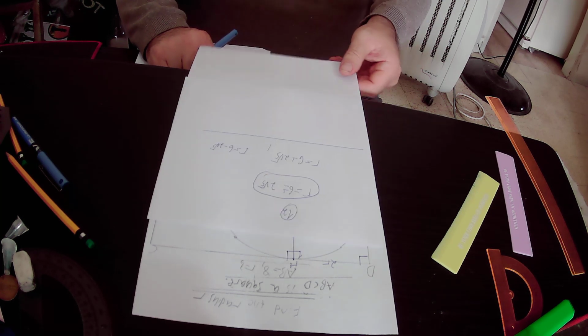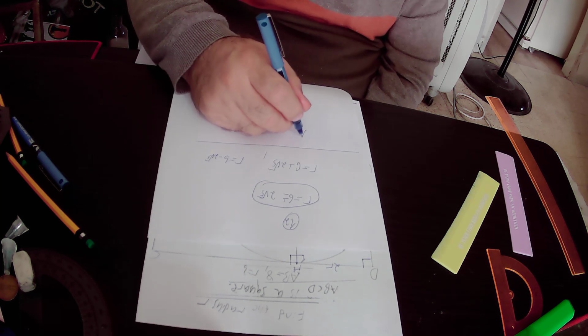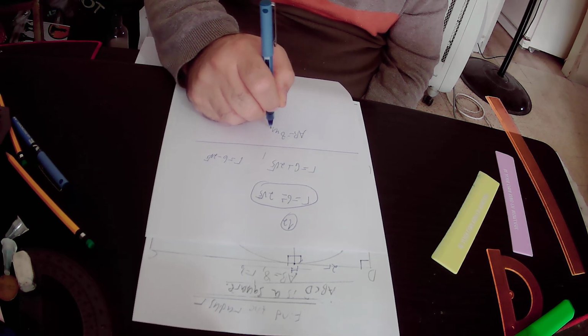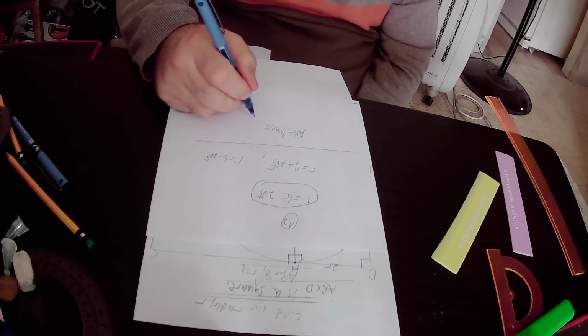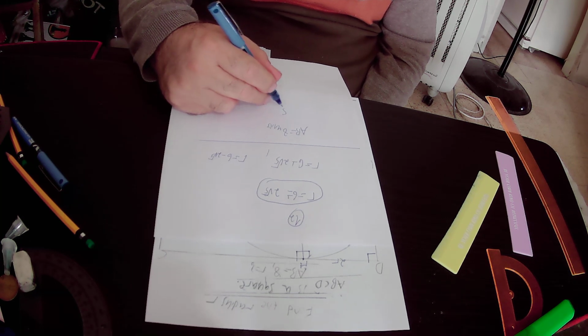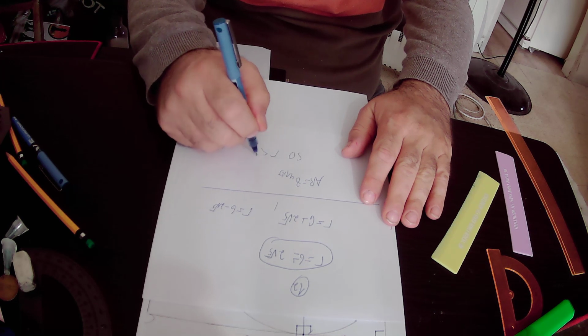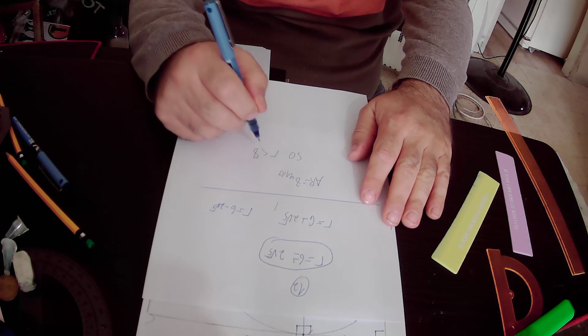Okay, I will write it down. AB equals 8 units. So r must be less than 8 units.